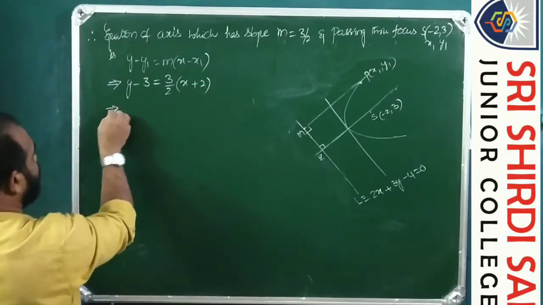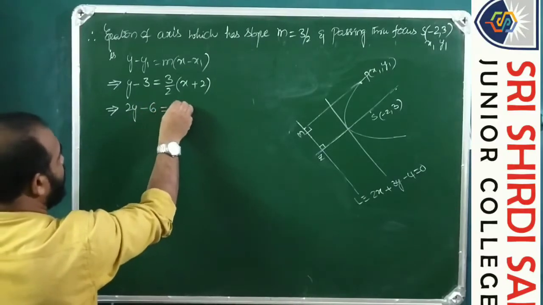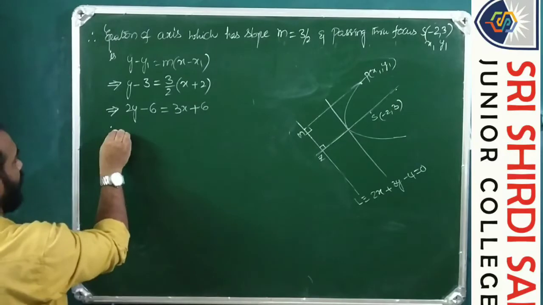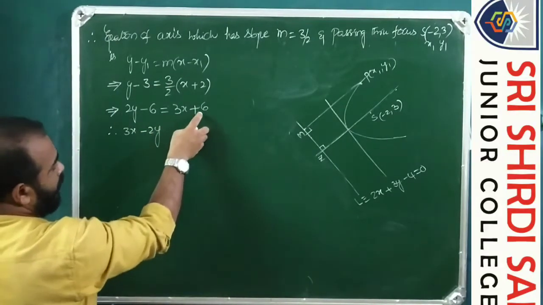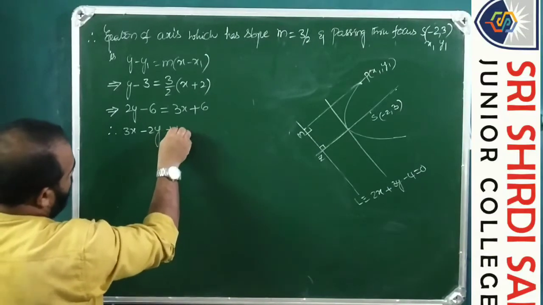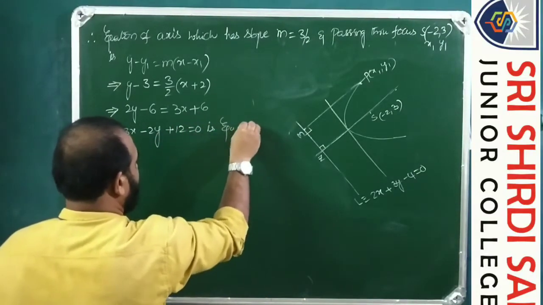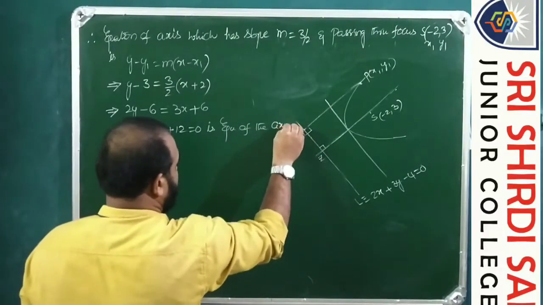This gives 2y minus 2 3s are 6, 3x 3 2s are 6. Therefore, 3x minus 2y plus 6 plus 6 is 12, equals to 0, is the equation of the axis.